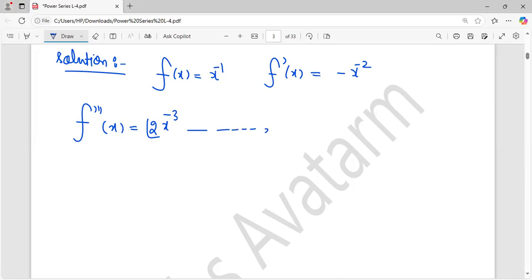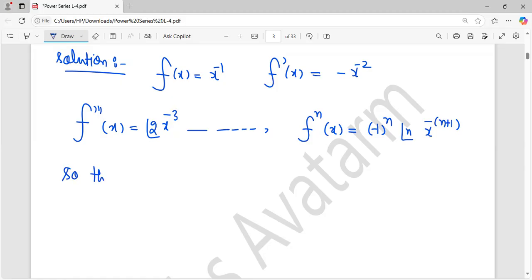The nth derivative of 1 upon x is minus 1 to the power n, factorial n, x to the power minus (n plus 1).